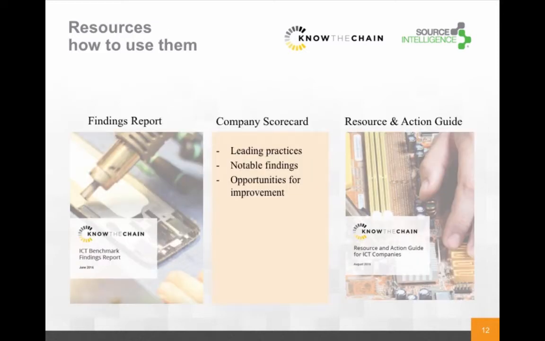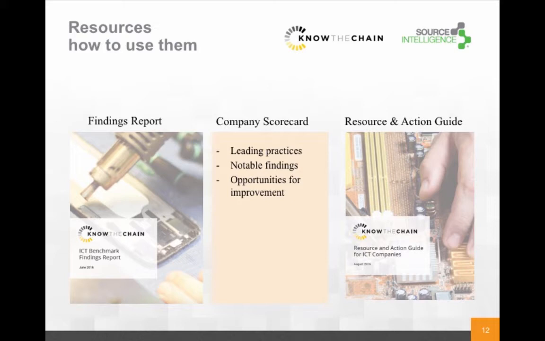A final resource here for companies would be to download some of the reports that we have available on knowthechain.org. We have to date released a benchmark for food and beverage companies and for ICT or high-tech companies. We also have a companion resource guide for ICT that not only demonstrates and documents what leading practices exist for companies in this sector, but also provides some specific actions or resources that would encourage companies to adopt, and provides them with information on how to go about doing so.